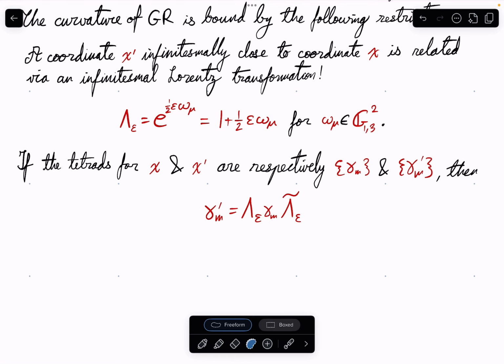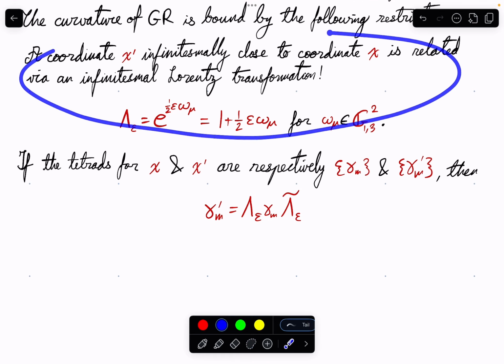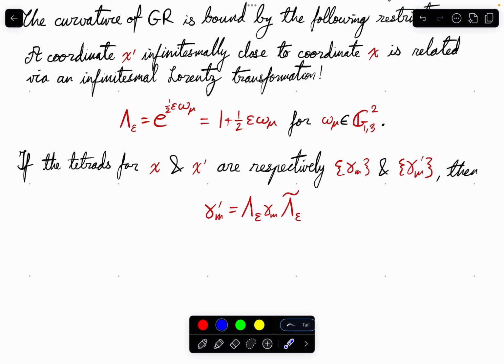This is the condition put into math. It says that the coordinate x prime, infinitesimally close to coordinate x, is related via an infinitesimal Lorentz transformation. So we have x and x prime, which have tetrads gamma m and gamma m prime, and gamma m prime is an infinitesimal Lorentz transformation of gamma m.